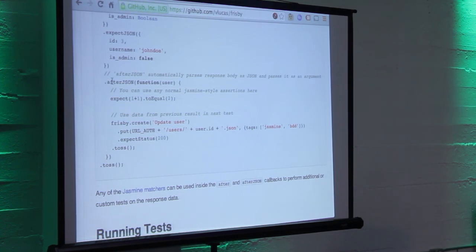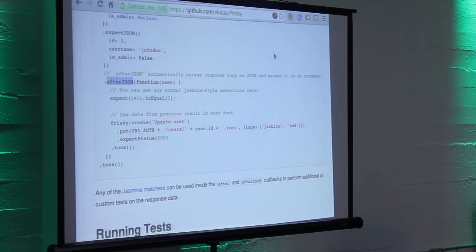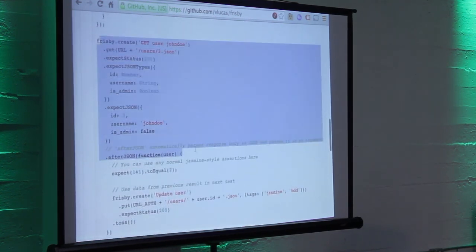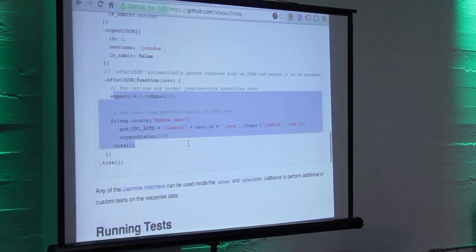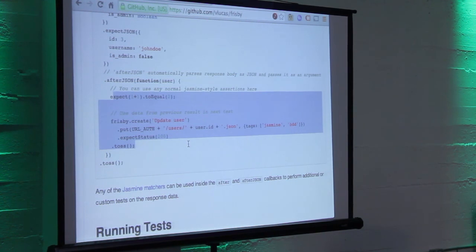They built in this after JSON function where this would be called, then subsequently anything in this block would be called. That's the pattern for most of our unit tests, where we authenticate for this authenticated stuff, get the token back, and then use that token to, say, update the current user's info, or delete the tokens and stuff like that.